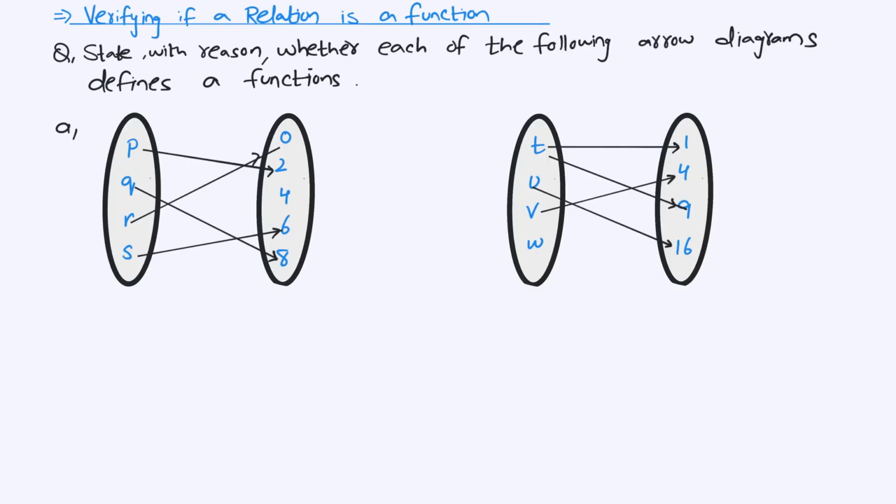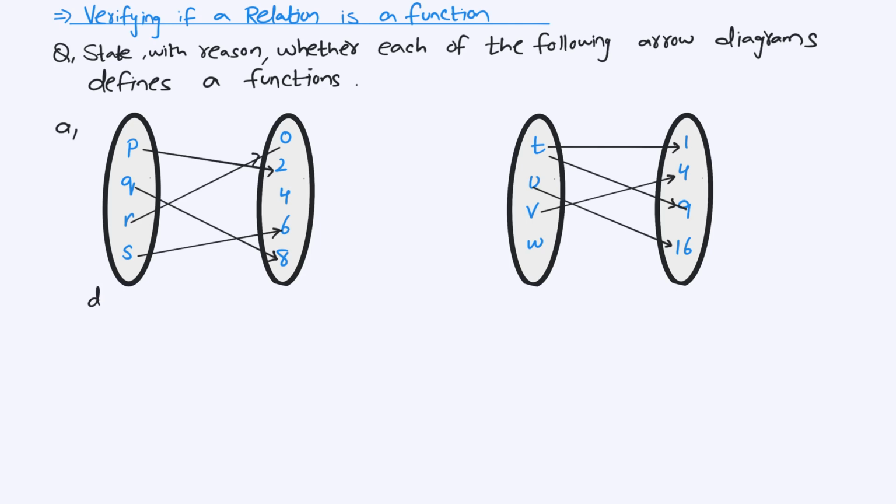Now the first thing that you all should understand is how to verify if a relation is a function. So not every relation is a function, alright? So let's consider this example in which you have been given two examples and you need to identify which one is a function. Both are relations because the first set is related to the other set somehow.